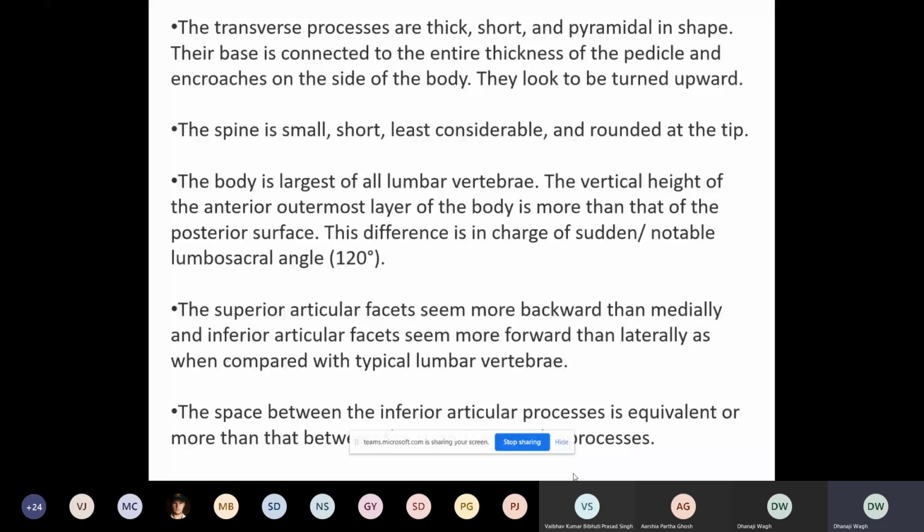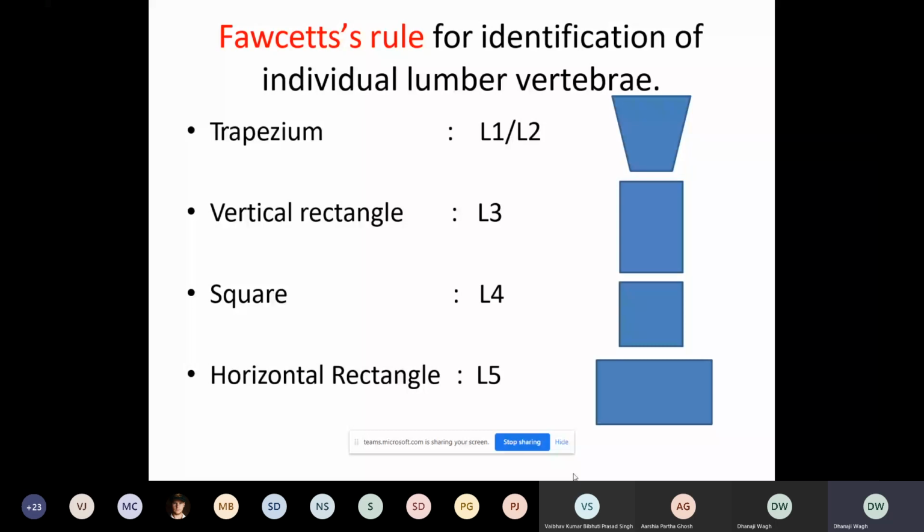Okay. Here in the Viva, they may ask about L1, L2, L3, L5 lumbar vertebrae. There is a rule, Fawcett's rule, for identification of individual lumbar vertebrae. So you have to remember these diagrams.